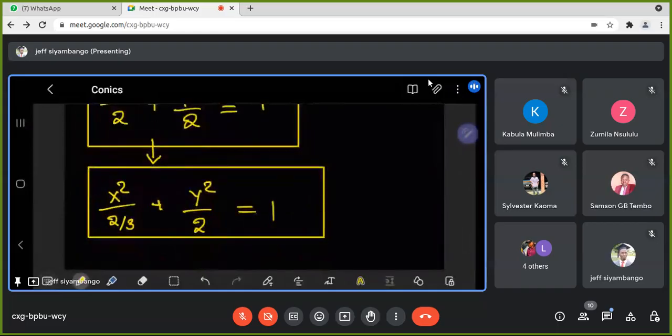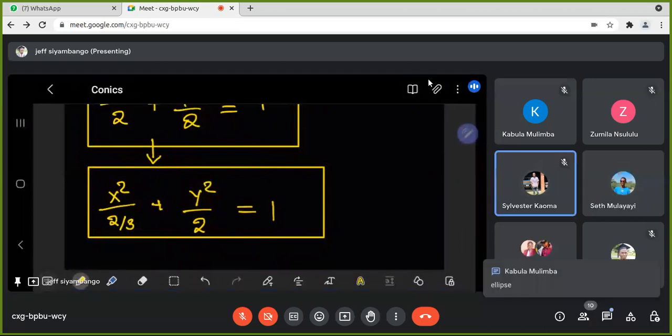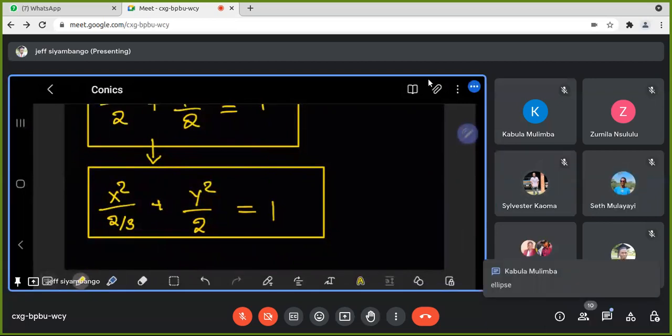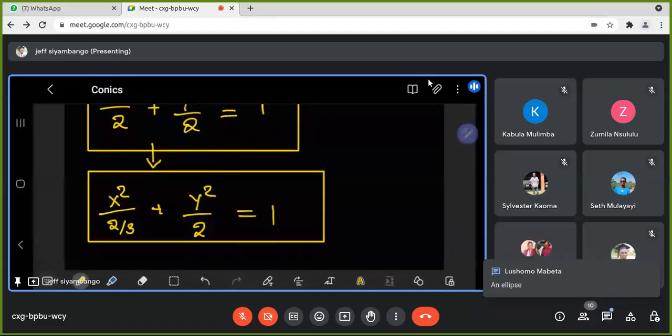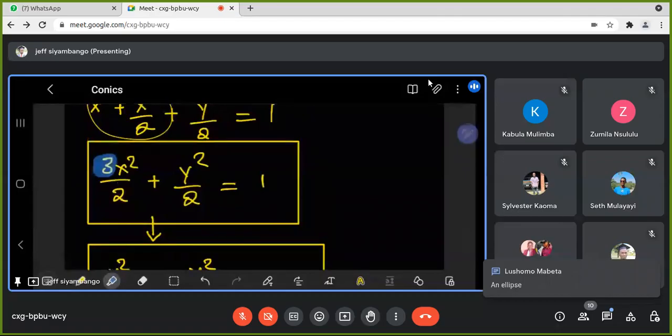What conic section is this? Yeah, this is an ellipse. This is a useful trick that you have to remember: when you have a number like this coming here, it's the same as just 2 being divided by that number. Basically the same thing, so be able to remember that.